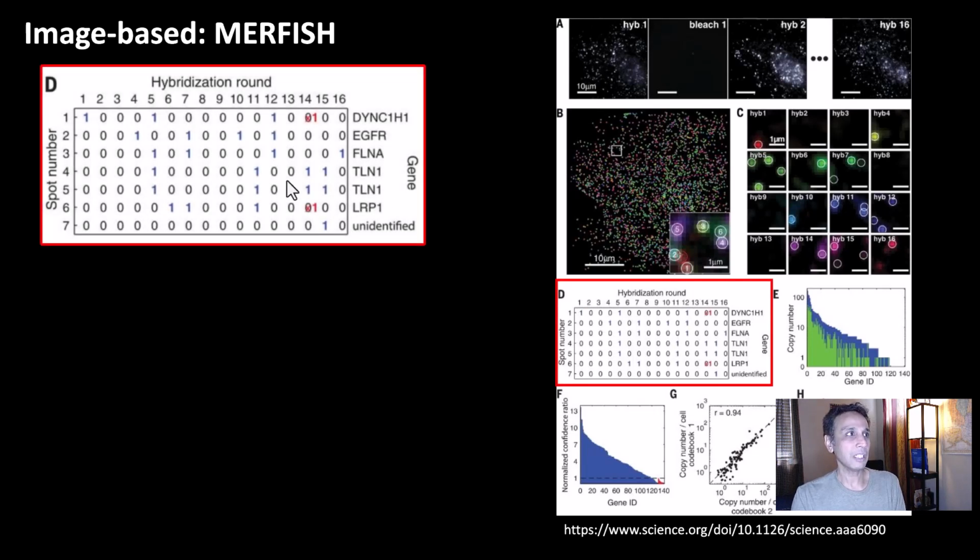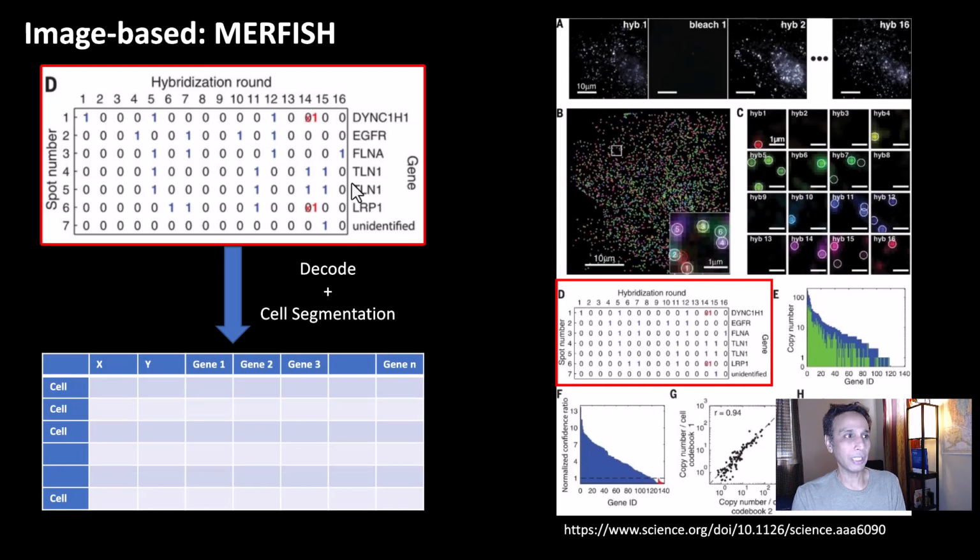So for each of these, you have 1s and 0s, and now you basically say, hey, decode them, and cell segmentation. Once you decode, you know exactly what genes they are. And of course, you need to perform cell segmentation, meaning identify individual cells, segment them, separate them, so you know exactly where they are located, and you know exactly how to attribute these individual genes to that spatial location.